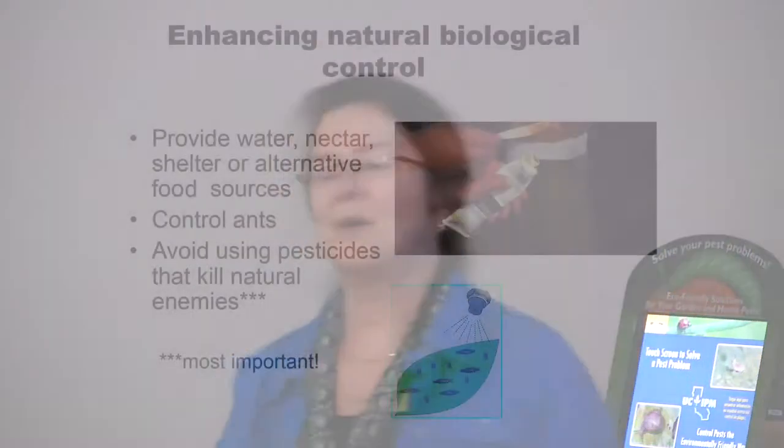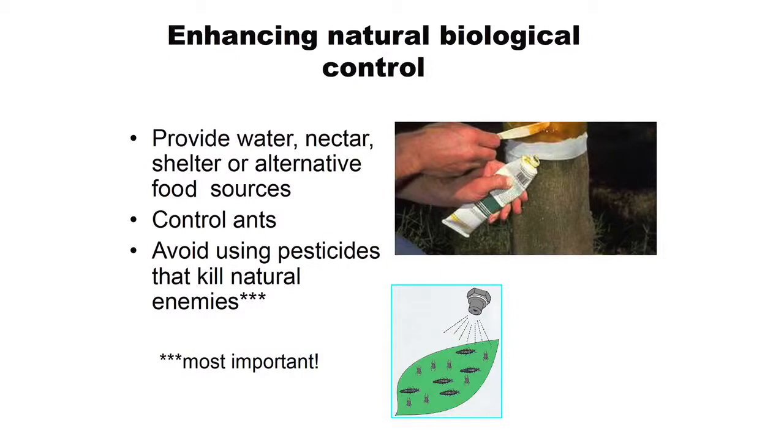Controlling ants is really important, because ants tend aphids, mealybugs, soft scales, and other honeydew-producing insects, and they protect them from their natural enemies. They'll actually flick them off. So if you can keep the ants out of the plant, then the natural biological control can go on.